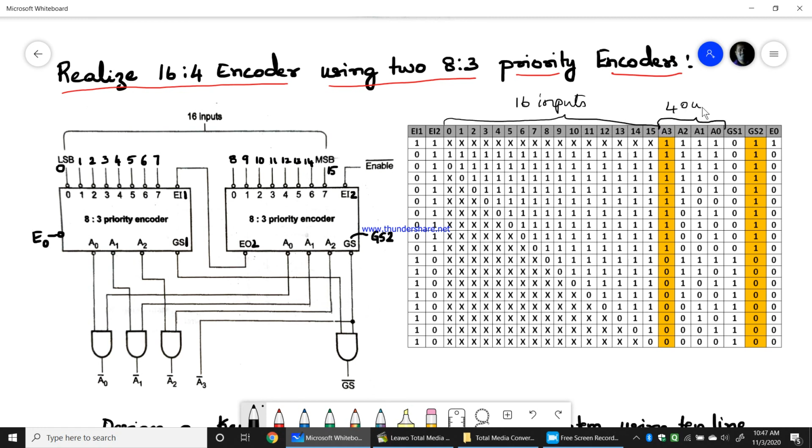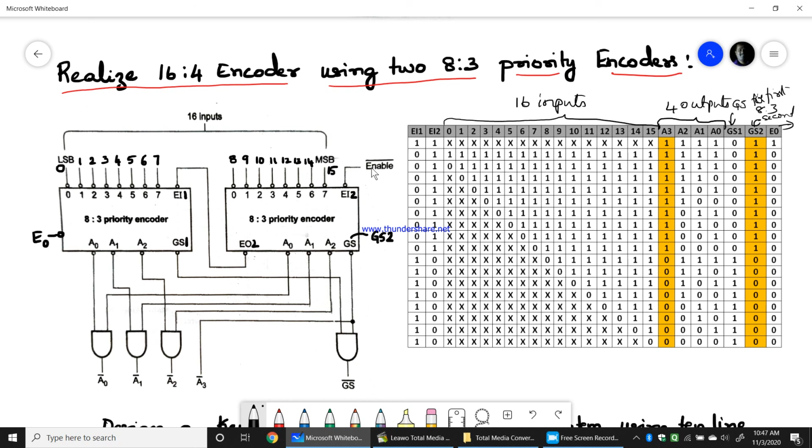A3 to A0 are the 4 outputs. Now I have GS1, which is the group signal for the first 8:3 priority encoder, and GS2 is for the second. E out is the E out of the second, the first, which comes out.